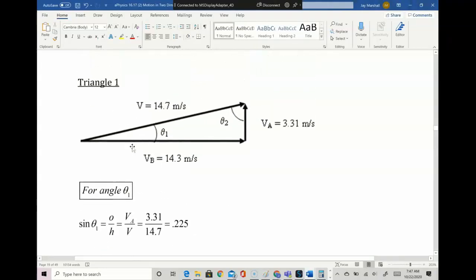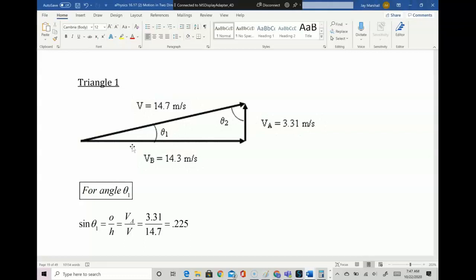So here's my triangle, and I've said that this velocity is 3.31 meters per second. This velocity is 14.3 meters per second, and it kind of looks like our airplane problem, doesn't it? It doesn't have to be, but it kind of looks like it.